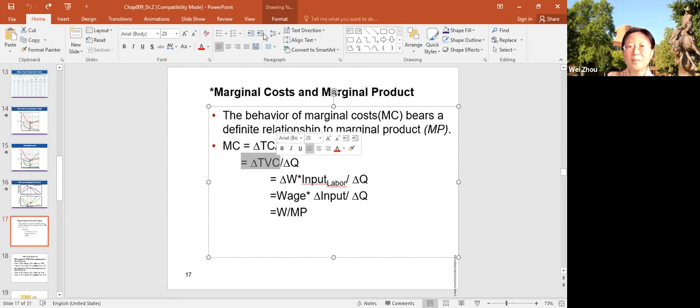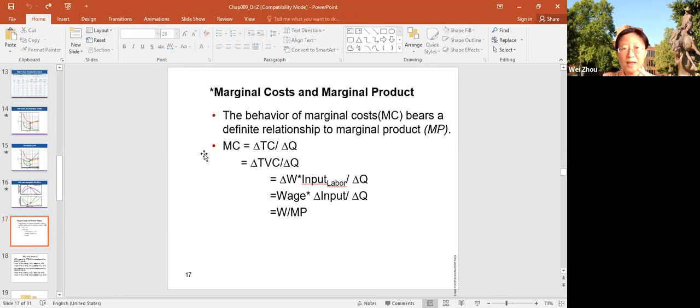But how much I pay the worker is the hourly wage, let's say $7.25, which never changes in the short run. So the wage is not changed, but I hired more workers. The only changing part is the increased number of workers divided by the change in bread.